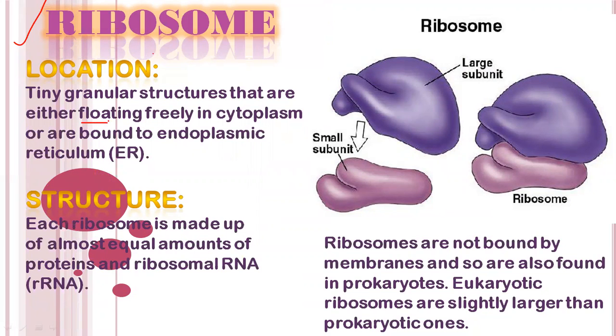They either are freely floating or they are bound to the endoplasmic reticulum. Endoplasmic reticulum is said to be ER. In the next slide, inshallah, we will talk about endoplasmic reticulum as well. What is that?